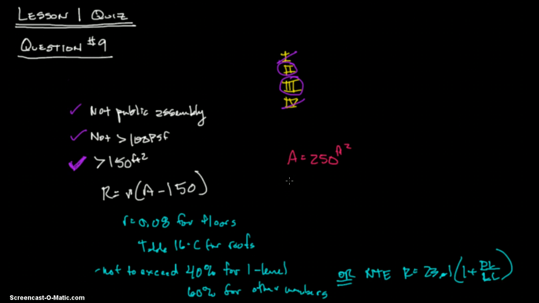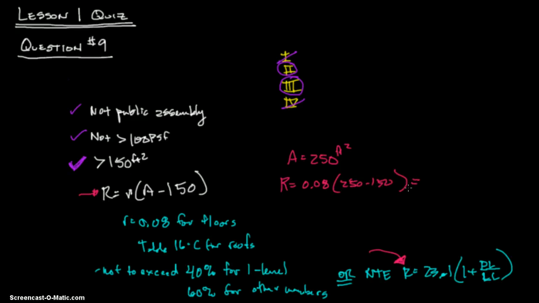So it's saying that this R is going to be greater than 40%. Let's figure that out. We have R equals 0.08 times (250 minus 150).